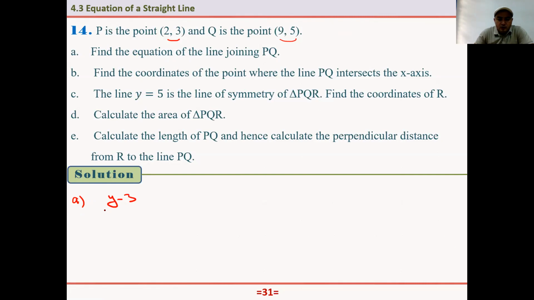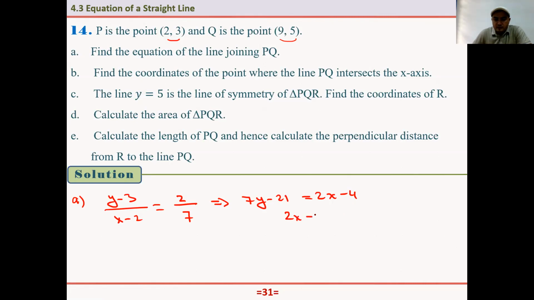So it is y minus 3 over x minus 2 equals the gradient of this line, that is 5 minus 3, that's equal to 2, over 9 minus 2, that's equal to 7. From here, if you just cross multiply, 7y minus 21 equals 2x minus 4.